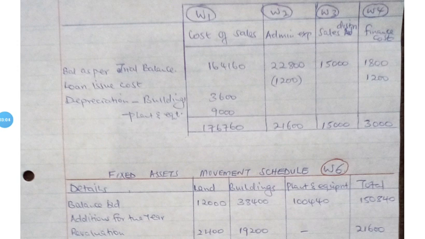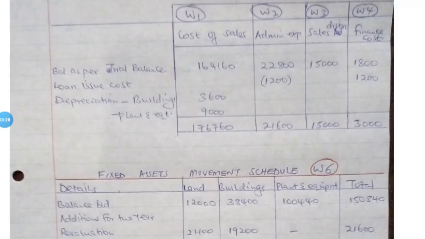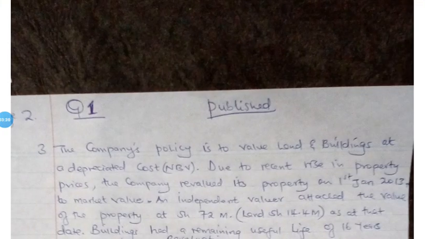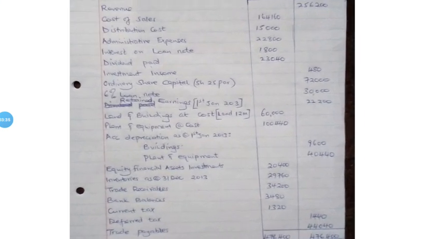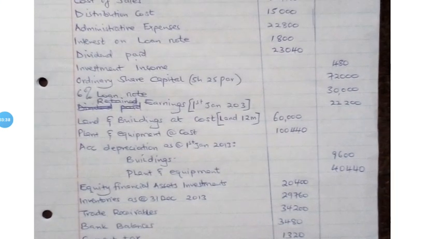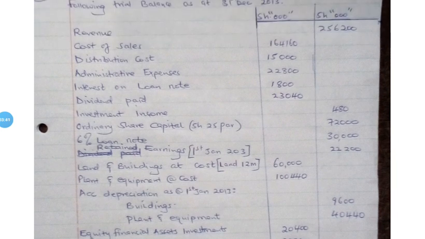Then on the details side, we have the balance as per trial balance. You should go back to your trial balance and check the figure for our cost of sales.